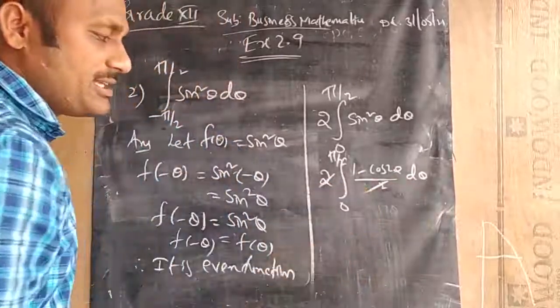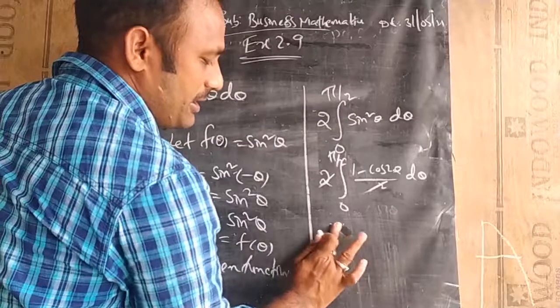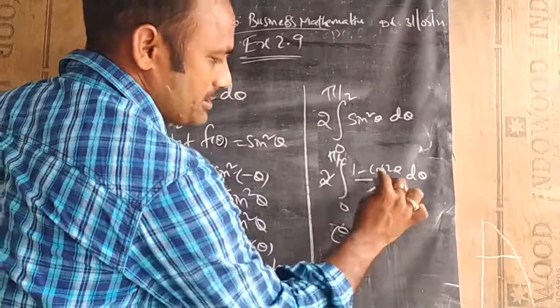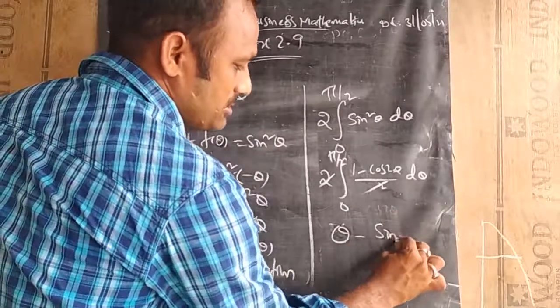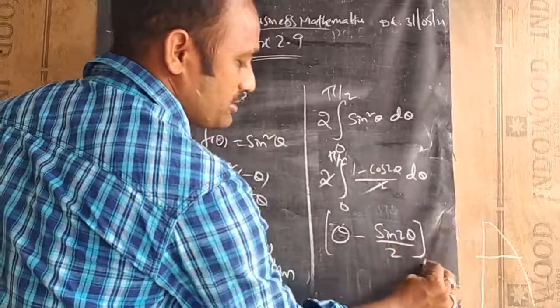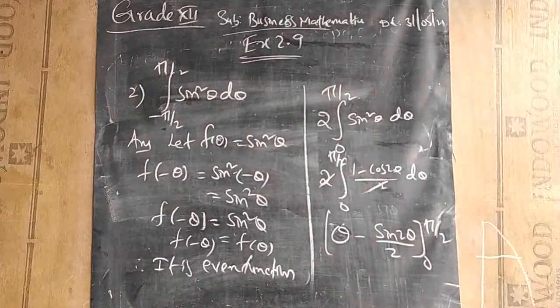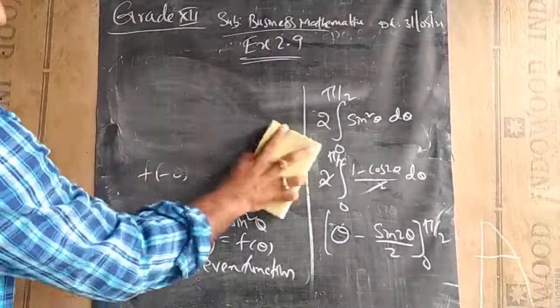So 2 gets cancelled. The integral value will be theta minus, the formula for the integral of cos 2 theta is sin 2 theta by 2, over the limits 0 to pi by 2. So let me substitute in this.